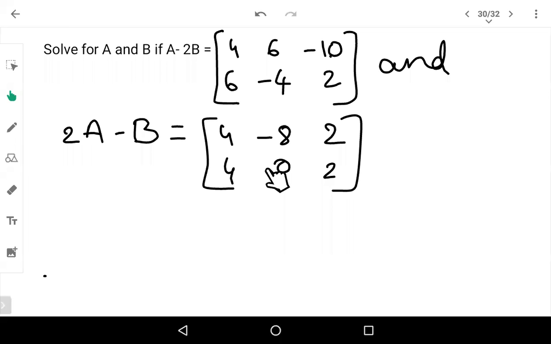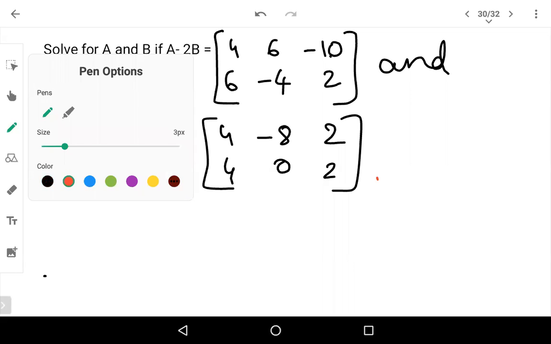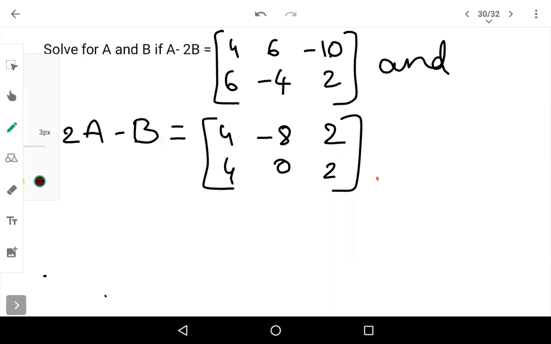Now we have solved simultaneous equations, correct? So we'll be using simultaneous equations even in these matrices and solving them. Okay, so let us start. Solution. First write down what is given.